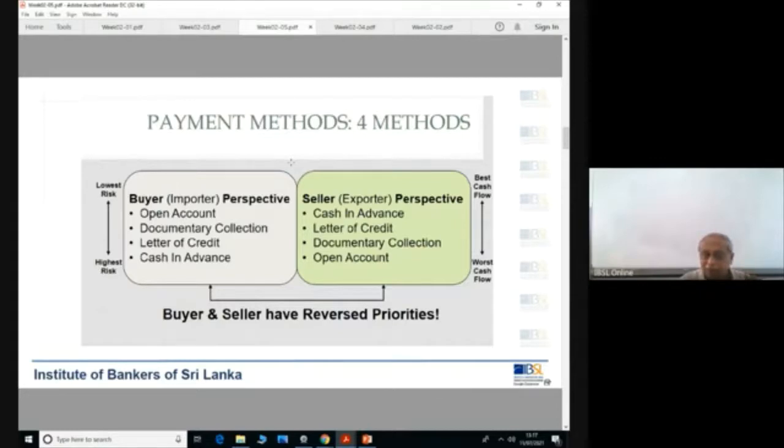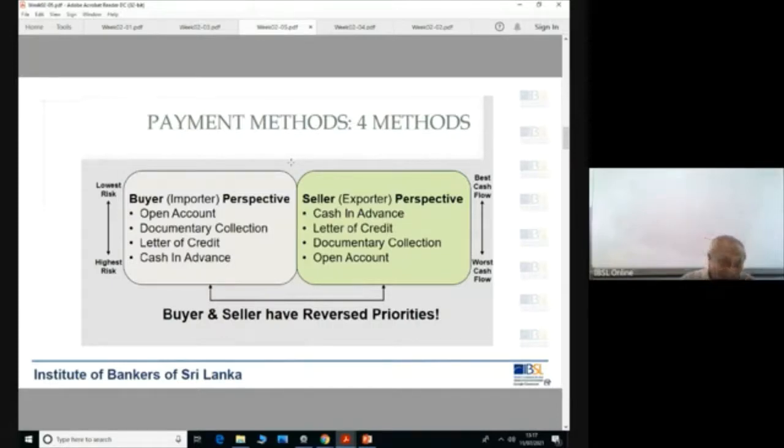According to the buyer's or the importer's perspective, the lowest risk is open account. Then the documentary collection. Then comes letter of credit. And the highest risk for an importer is cash in advance or advance payment.